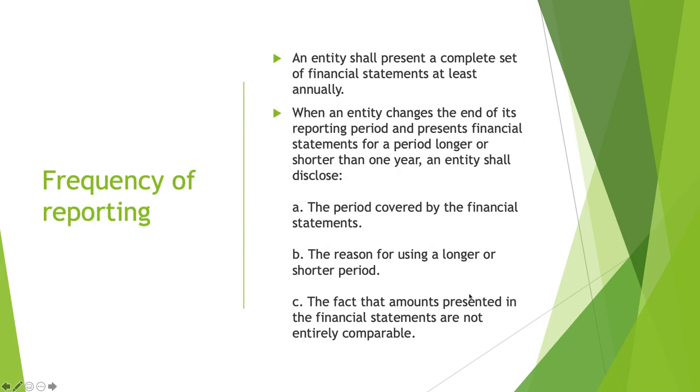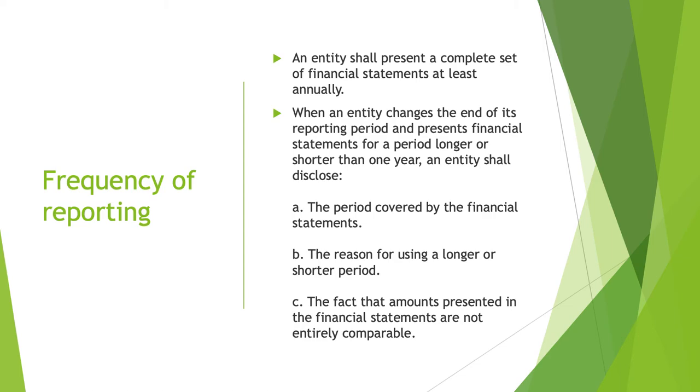Okay, next. Frequency of reporting. For frequency of reporting, an entity shall present a complete set of financial statements at least annually. This is the minimum requirement, so do not be mistaken. It says at least annually, but you can actually present your financial statements on a monthly basis, quarterly basis, semi-annual basis, and then at the very least annual basis.